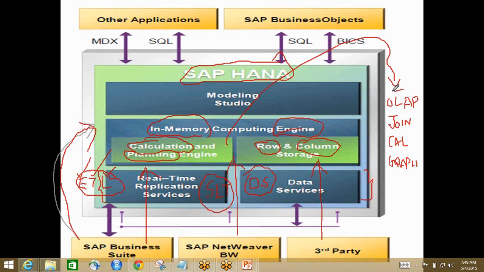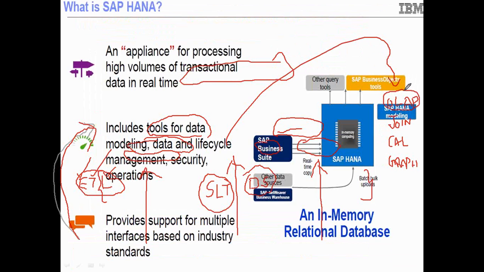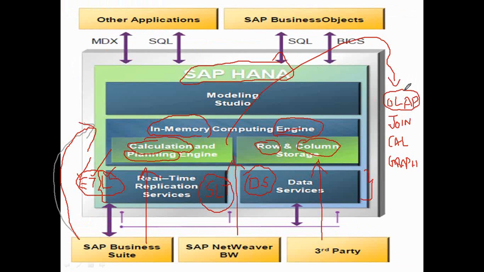If you say OLAP engine, we have something called analytic views in HANA. We will discuss analytic views in the next classes when we start modeling. Whenever we are hitting an analytic view, the OLAP engine will be triggered.